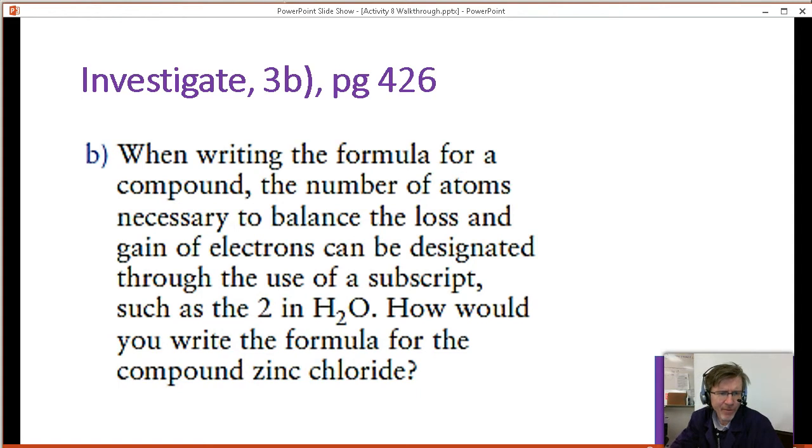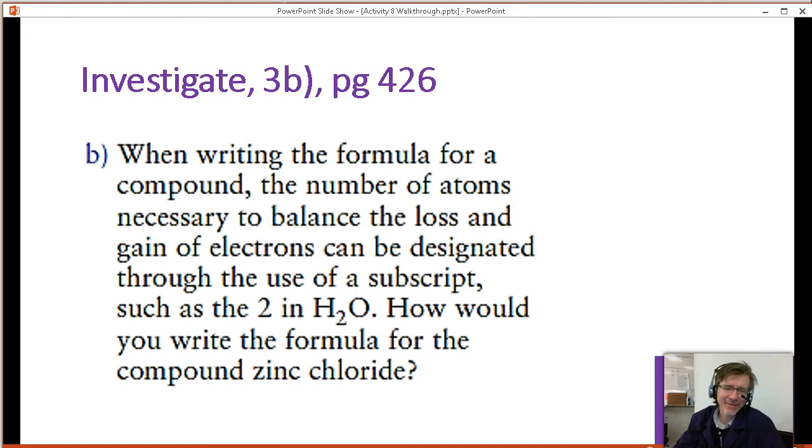All right, so when you write the formula for a compound, 3B, write these answers down on your paper, okay? So if you need to pause or go back, write them down on a piece of paper, the handout. When writing the formula for a compound, the number of atoms necessary to balance the loss and gain of electrons can be designated through the use of a subscript, such as the 2 in H2O.